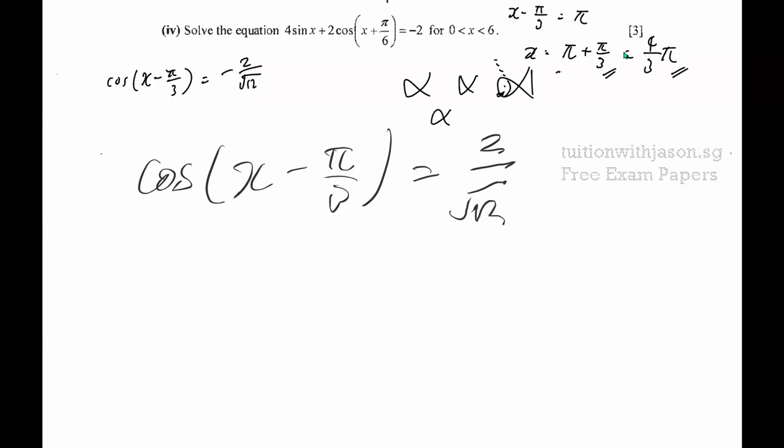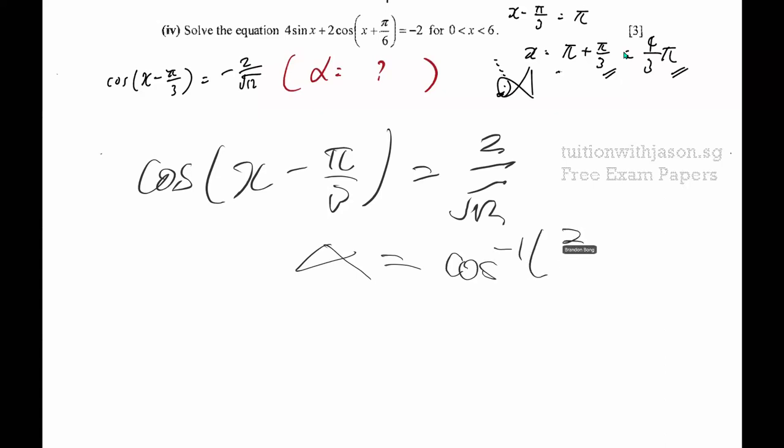The fish is very sad, you forgot about the fish. Alpha is cosine inverse of 2 over root 12. Just now you were cosine inversing the negative 2 over root 12 straight away, which is wrong. First step, always ignore the plus or minus, take the positive cosine inverse.